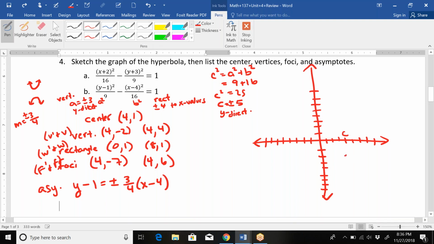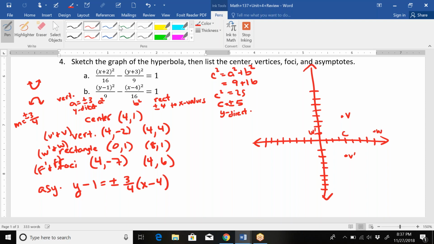So 4, negative 2, that's vertex prime. And then 4, 4, so that's up here. That's V. 0, 1 is to help me find my rectangle. So that's going to be W prime. And technically there's not a point there, but I'm putting it there just so you can see it. And 8, 1, so that is 5, 6, 7, 8, 1 is the other W.